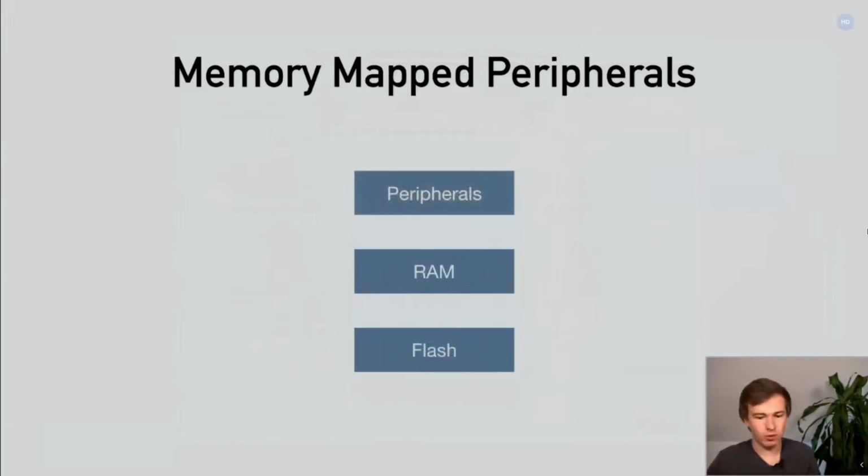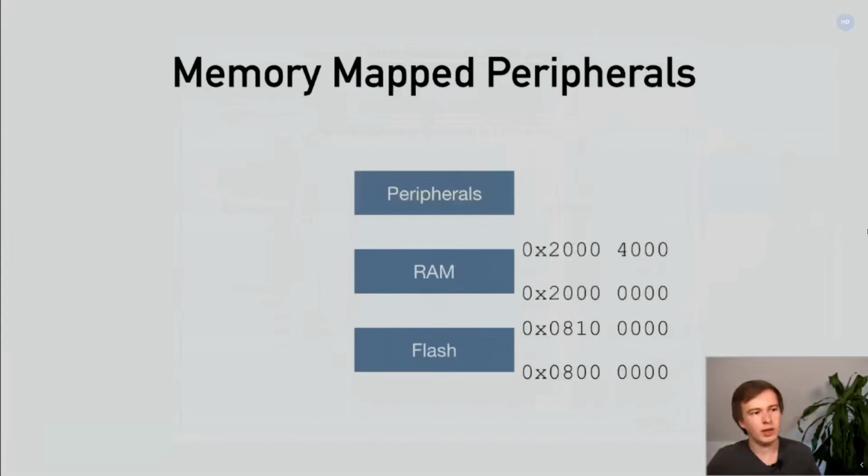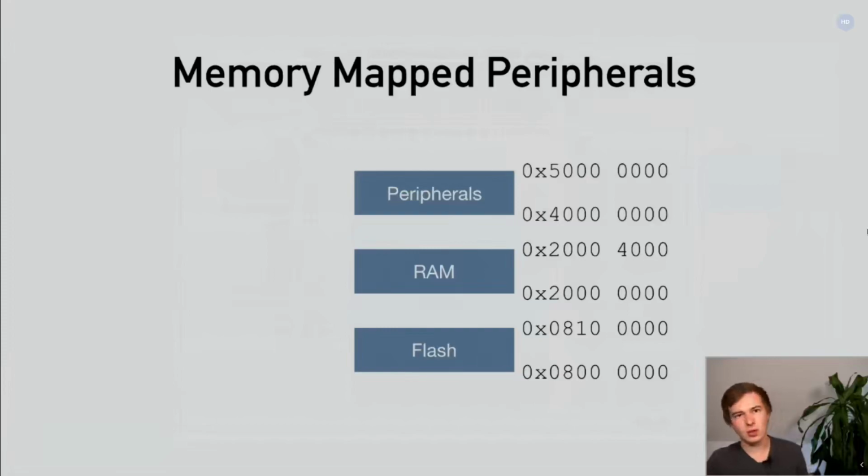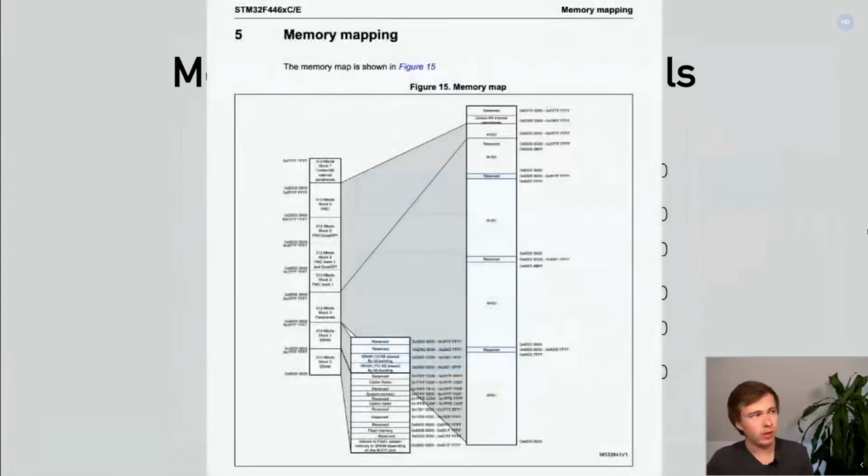And so, for example, your flash on the STM32 will be at hex 800, your RAM will be at hex 2000, and your peripherals will be at hex 4000. And if you want to find this for a specific processor, just go into the datasheet and search for memory map. And that will bring up this nice diagram going into a lot of details on which address ranges are for which peripheral or for flash and so on and so forth.